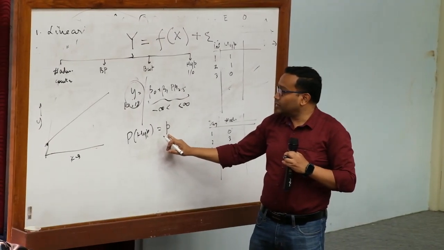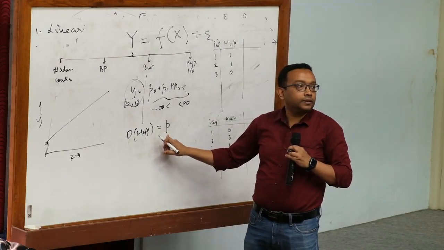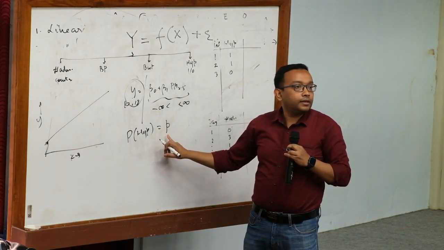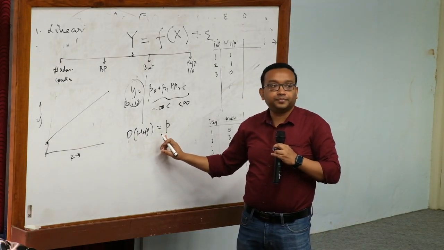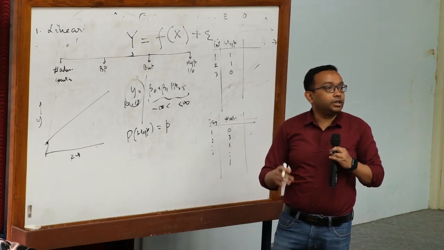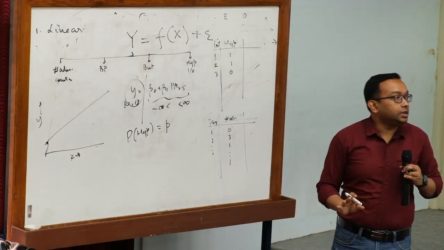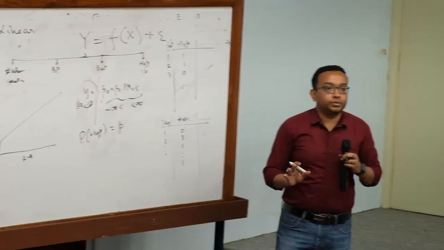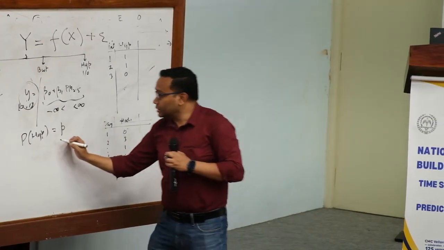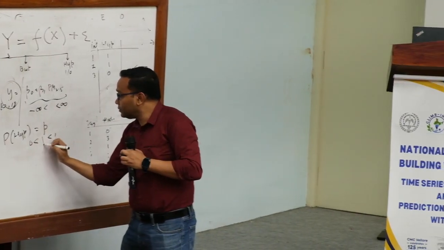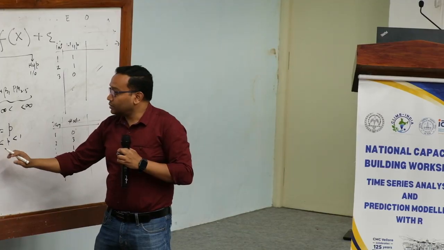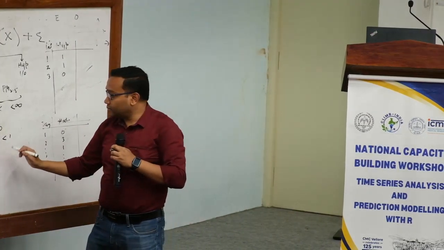What is the range of values for P, the probability of being hypertensive? It's 0 to 1, right? Probability goes from 0 to 1. Now some basic algebra.